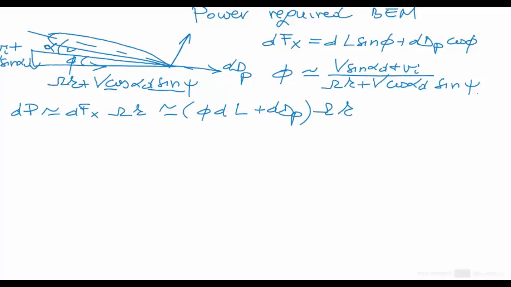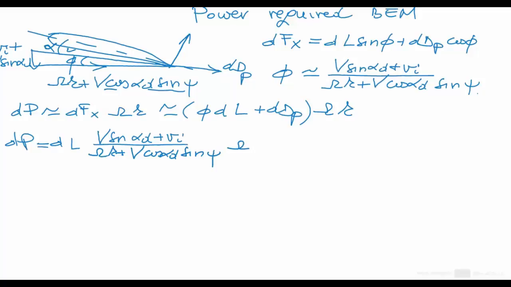So it follows that the power on the blade element equals dL multiplied by V sine of alpha disk plus vi, divided by omega r plus V cosine of alpha disk sine psi, multiplied by omega r, plus dD profile multiplied by omega r.